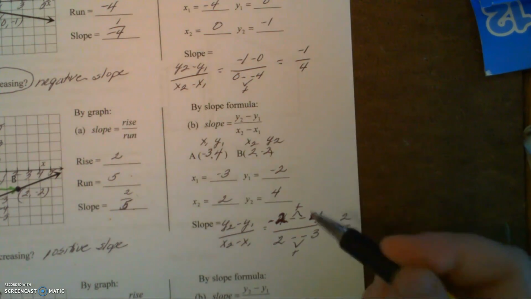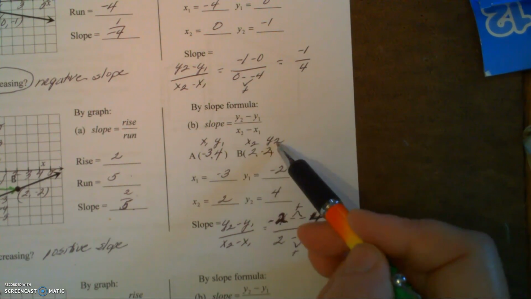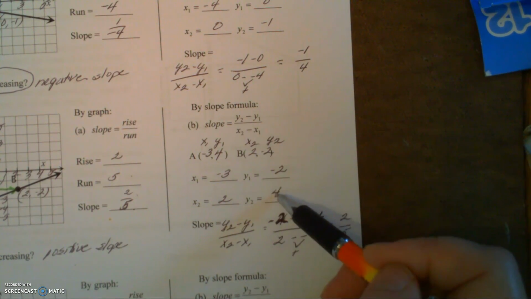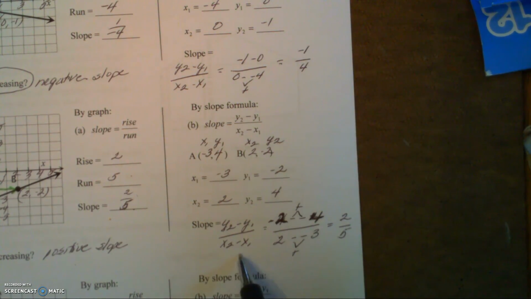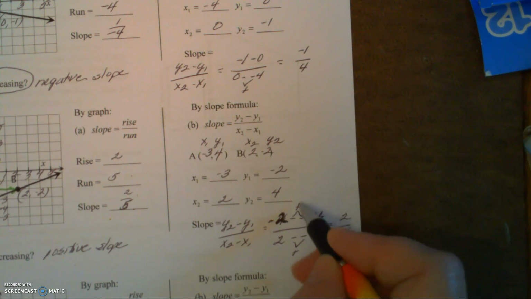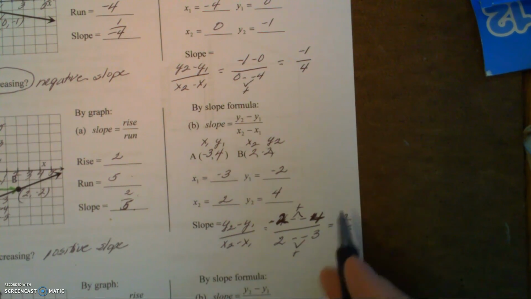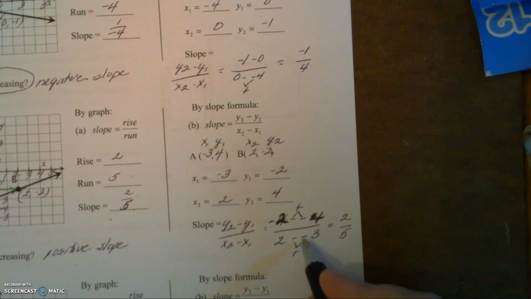And when you did the math, you did it correctly. x1, y1, x2, y2, plugged in the correct values here. y2 minus y1, 2. Remember, when you subtract a negative number, it becomes positive, and you got a positive number here. Same on the bottom. That's what this means. Subtract a negative number gives you a positive. Okay, so this becomes a positive sign.